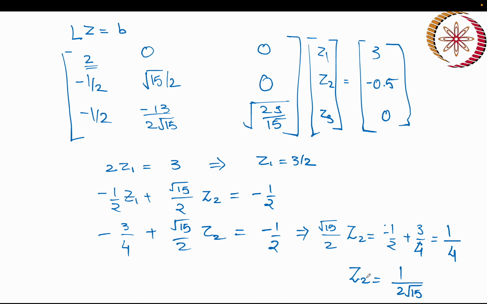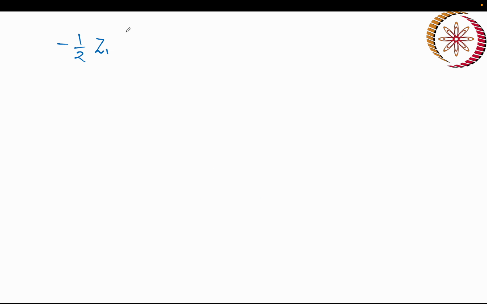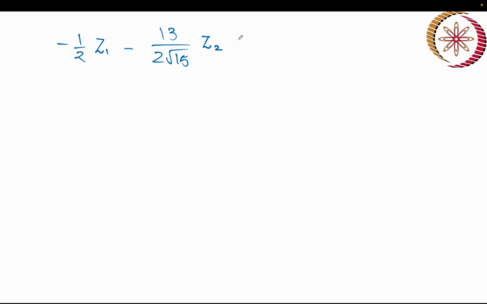So we'll solve for the third equation. So minus of z1, minus 13 by 2 root 15 z2, root 29 by 15 z3 is equal to 0.